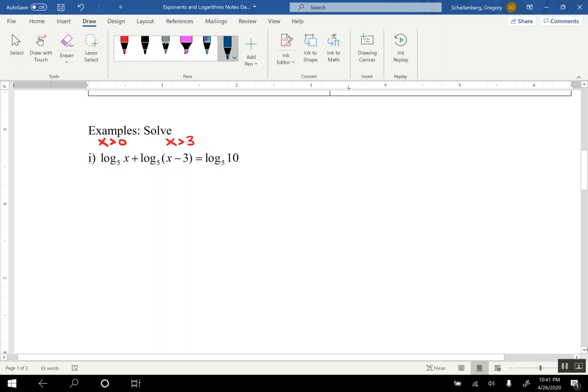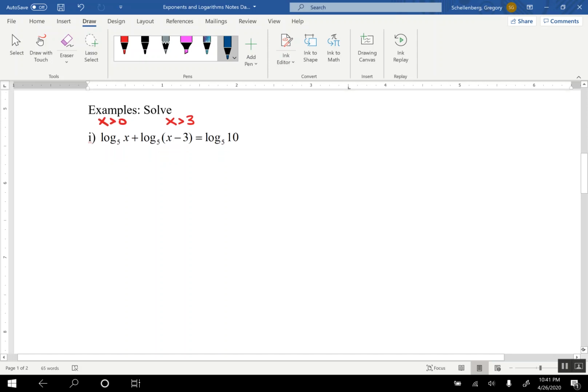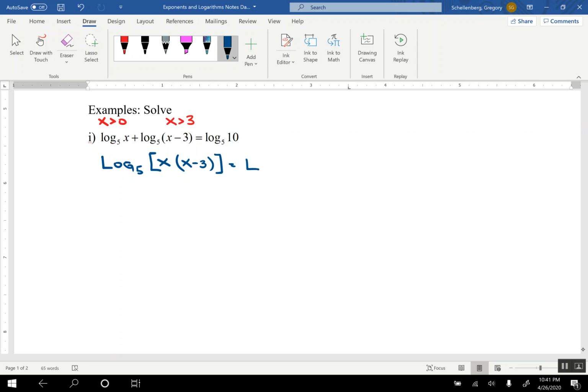So I'm going to use the multiplication law on the left-hand side, so I can rewrite the sum of two logarithms as a single logarithm. And so this is going to become log base 5 of, and now my argument here is going to be the product of the two arguments. So x times x minus 3, and this is equal to log base 5 of 10.